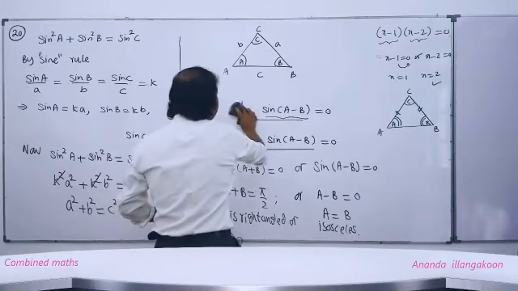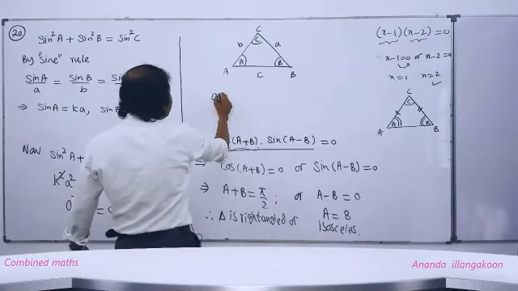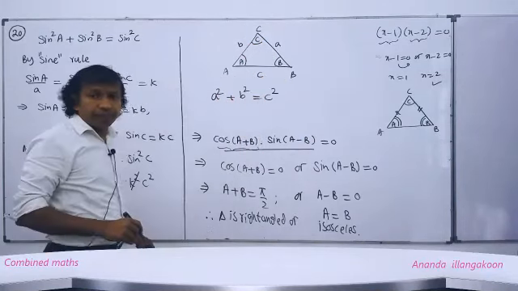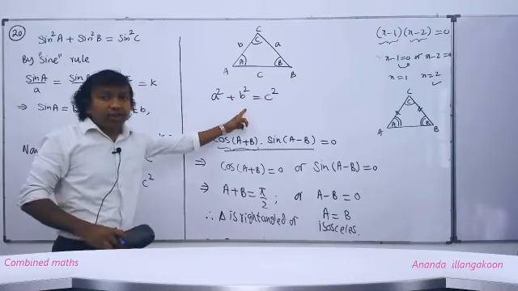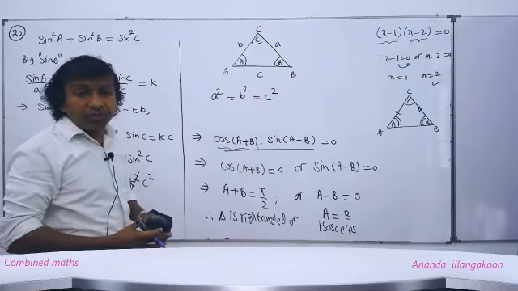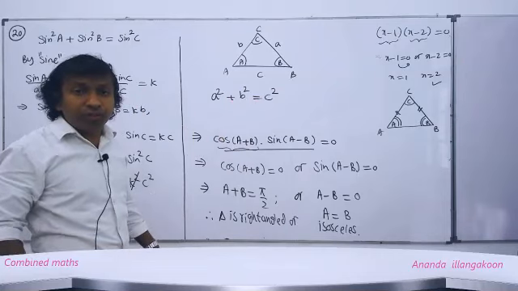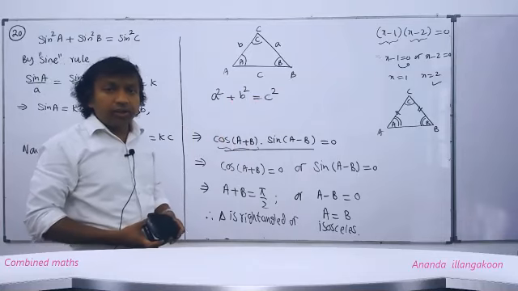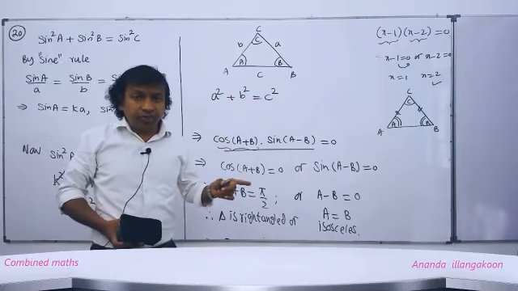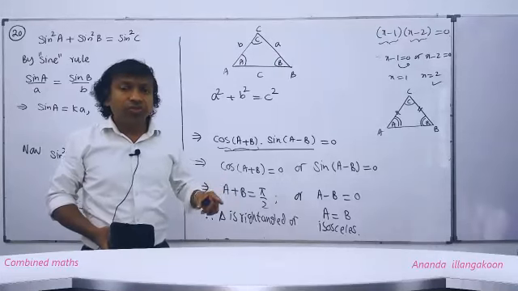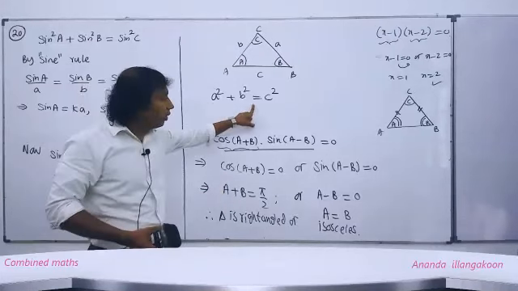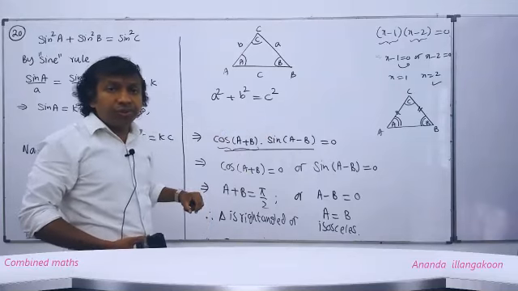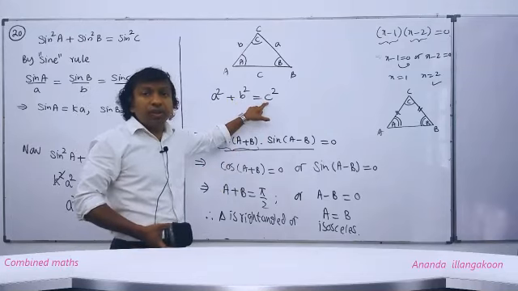According to this result, the sum of the squares of a and b is equal to c squared. This is really the Pythagoras theorem. In a right angle triangle, the hypotenuse squared is equal to the sum of the squares of the other two sides. Then c should be the length of the hypotenuse.